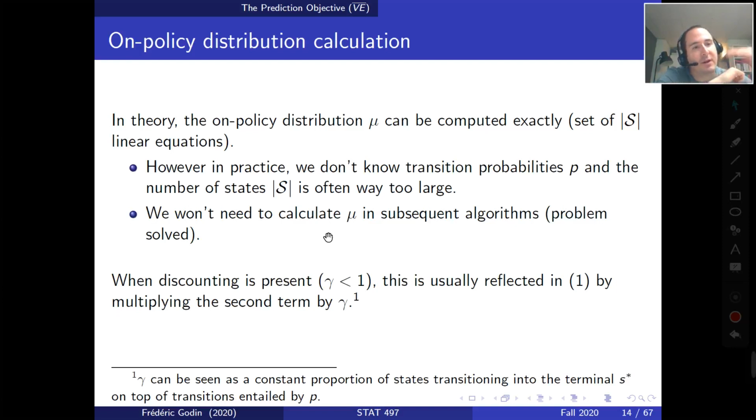To understand theoretically what we are doing in the algorithms presented in this chapter, we need to define mu, but in practice, when applying the algorithms, we don't need mu. So mu is just for understanding purposes, to give a theoretical justification to what we are doing. In practice, we don't calculate it.